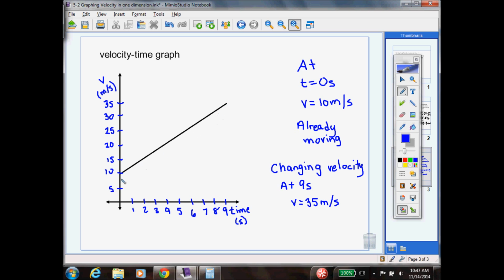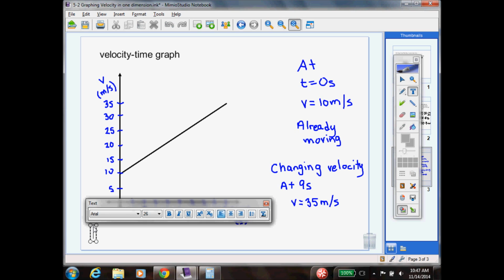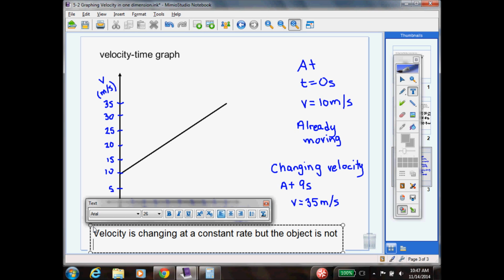The velocity is changing at a constant rate. Listen to the wording of that. Velocity is changing at a constant rate, but the object is not moving at a constant velocity.